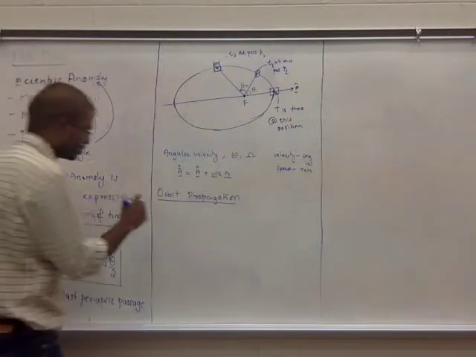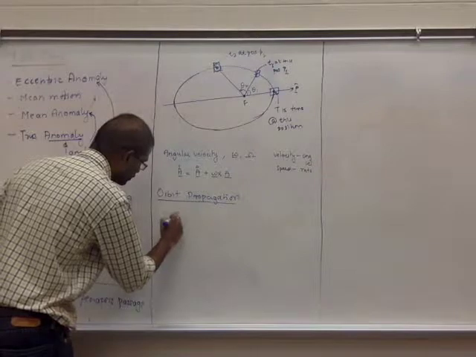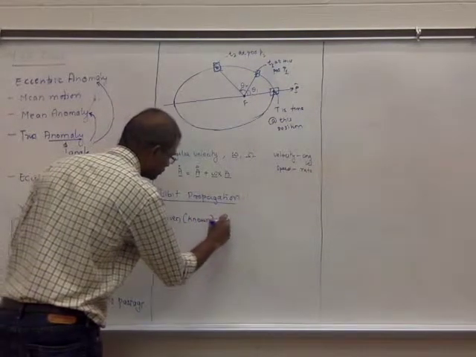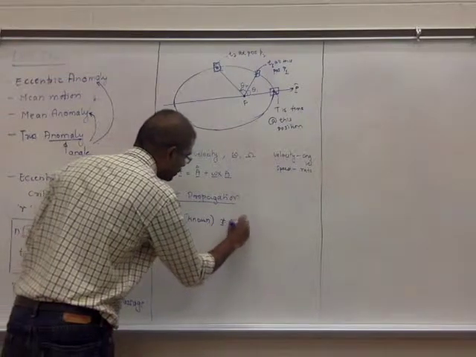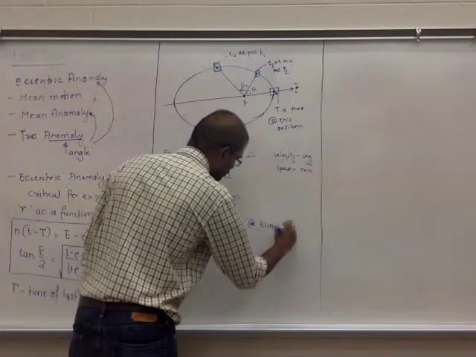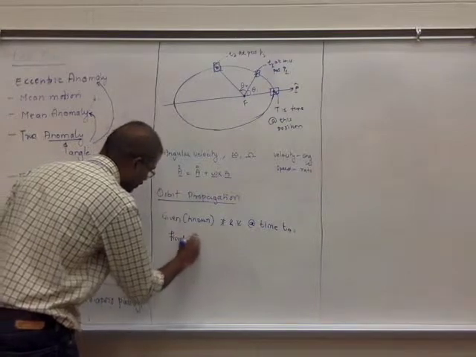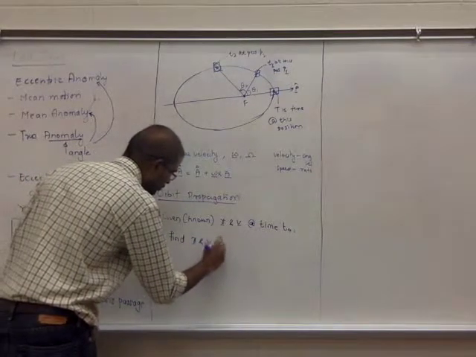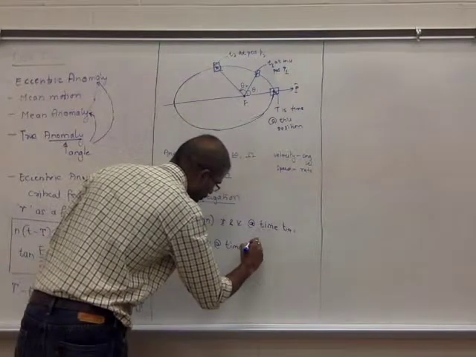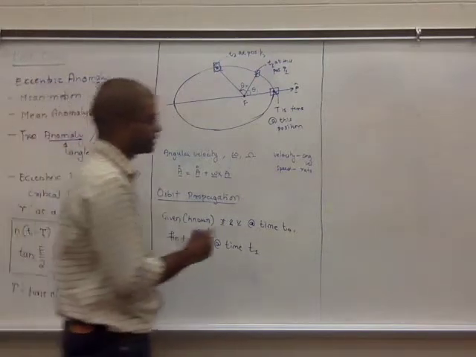Orbit propagation is: given or known R and V at time t naught, find R and V at time t1. This is what we were discussing last class.